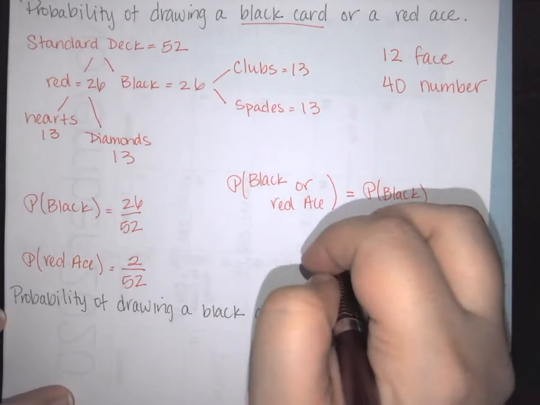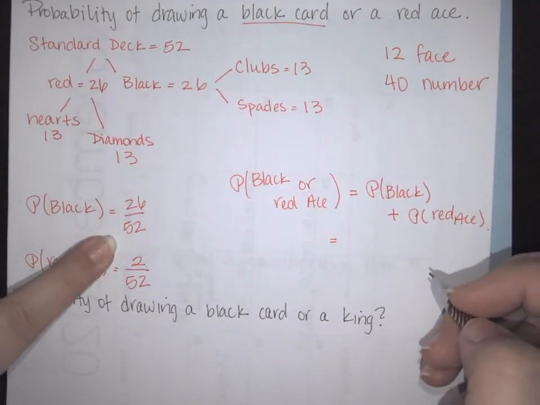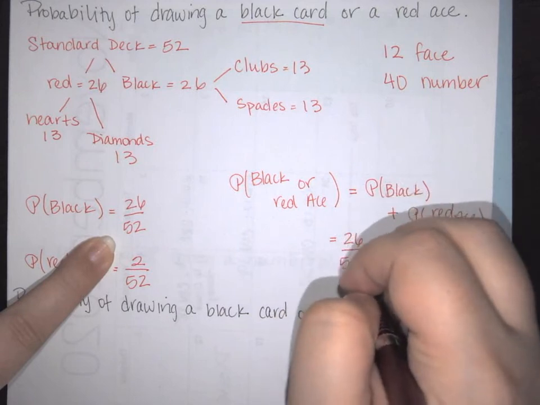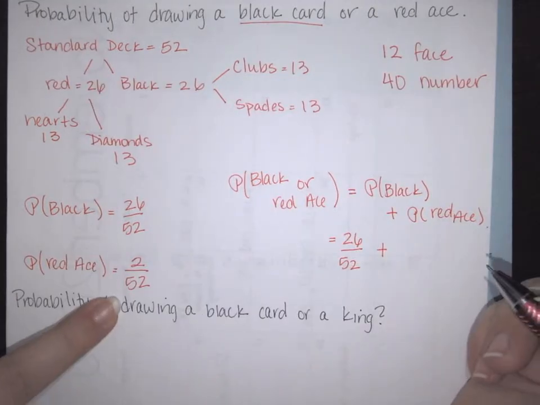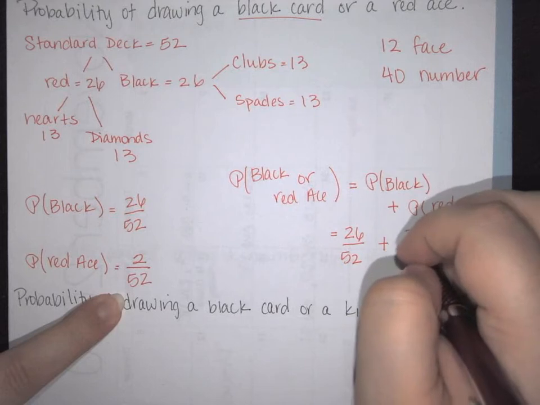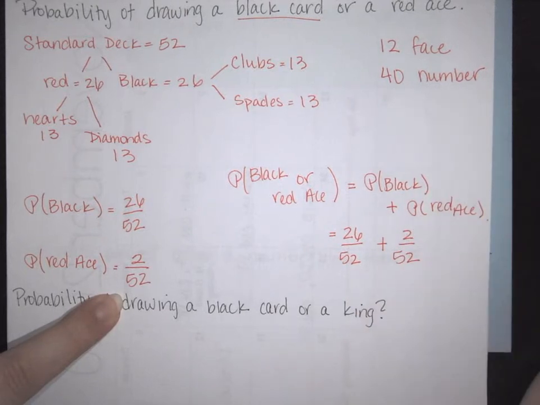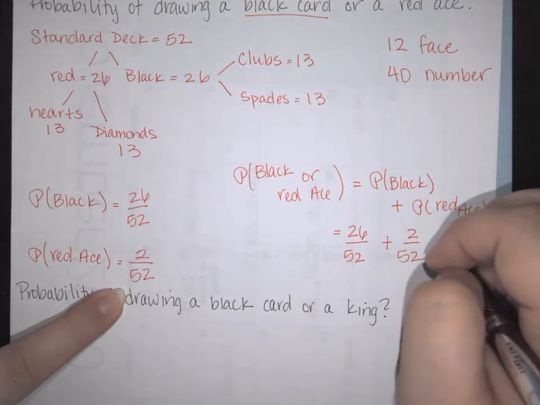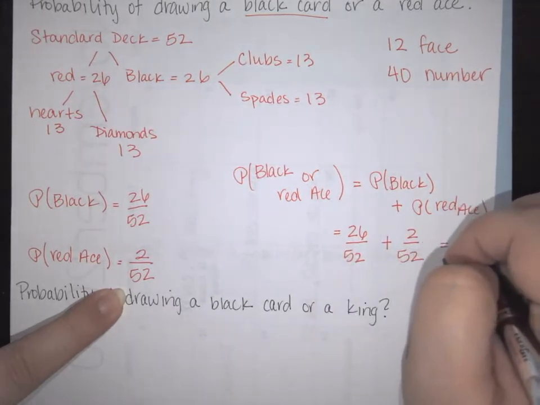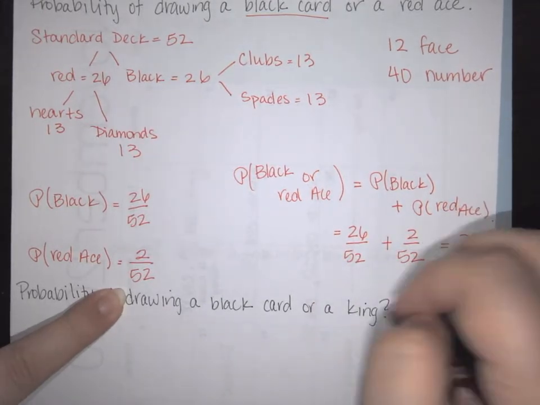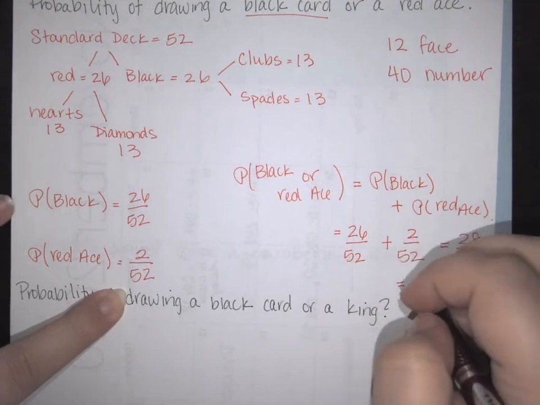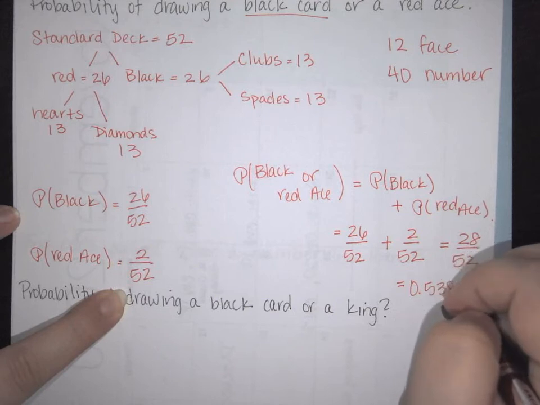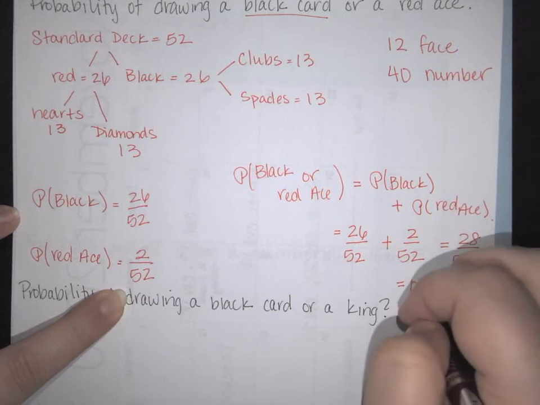So in this case, we are going to end up with my probability of black, so 26 over 52, plus the probability of my red ace, 2 over 52. So when we add those together, we are going to end up getting a probability of 28 over 52, which gives us the probability of 0.538462.